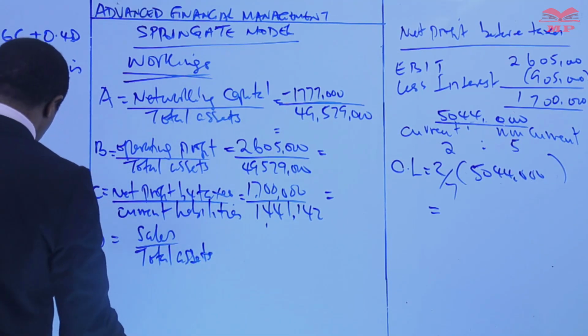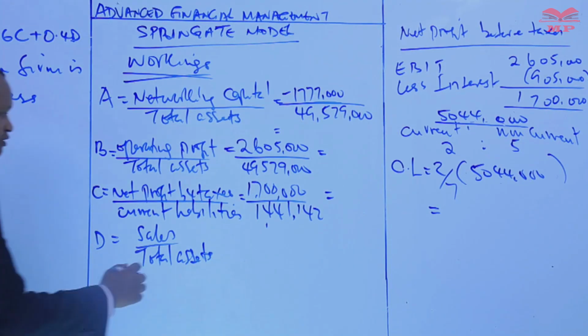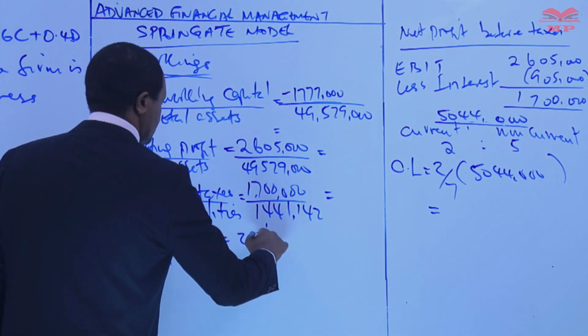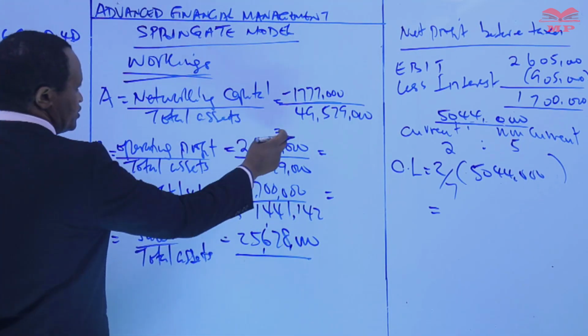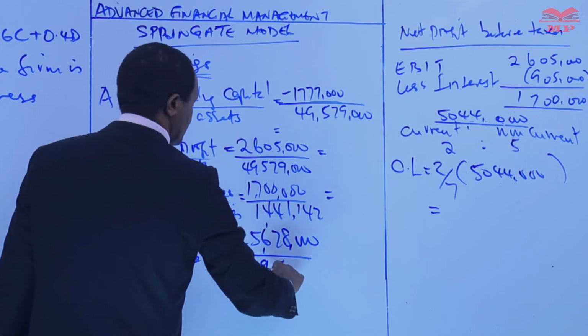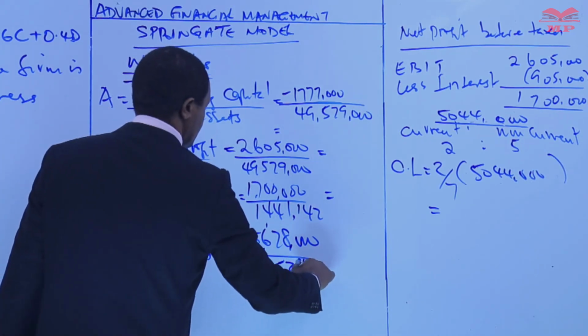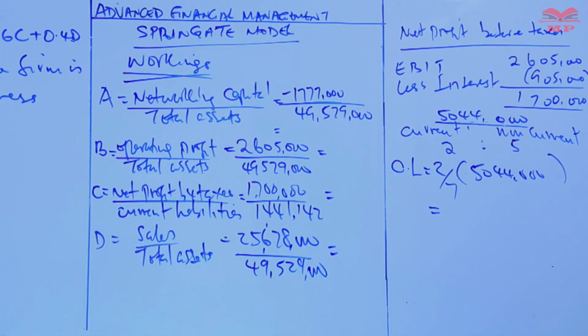What is the value for sales? 25,678 divided by the total assets, 49,579. So we are done with all the ratios A, B, C, D.